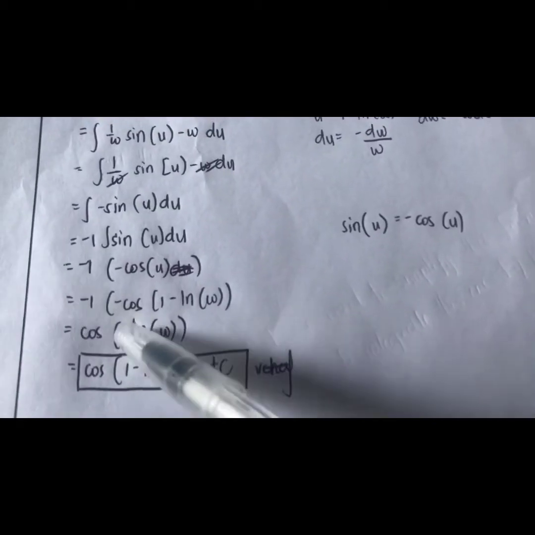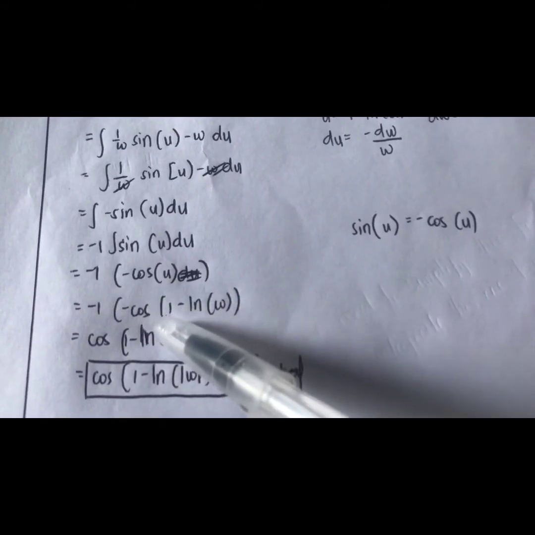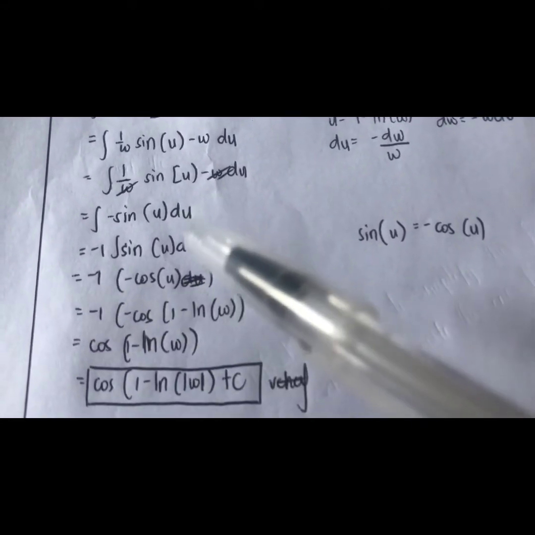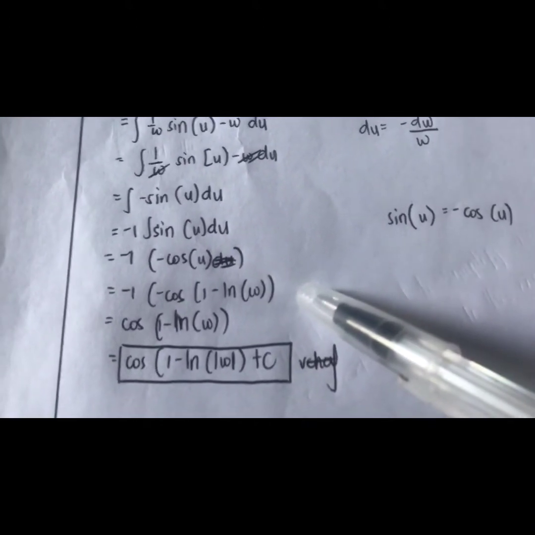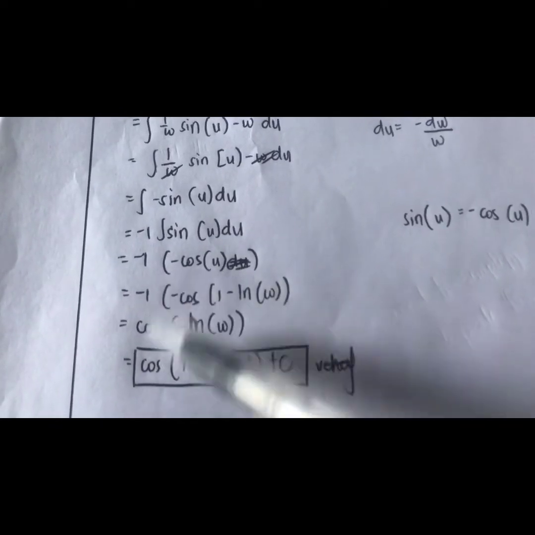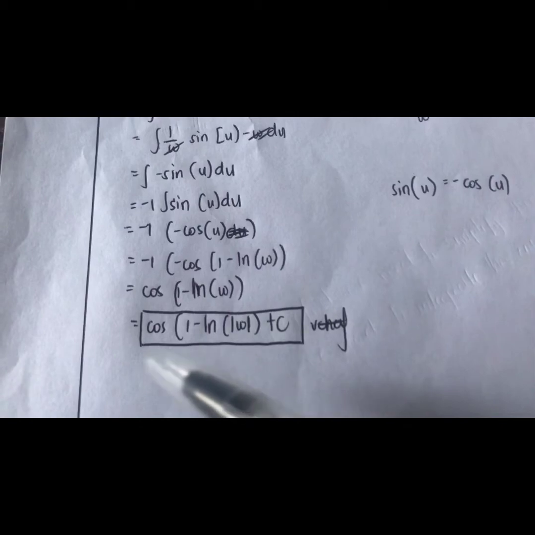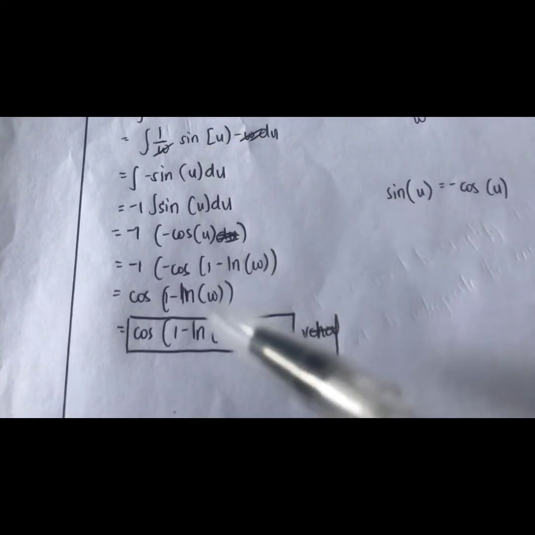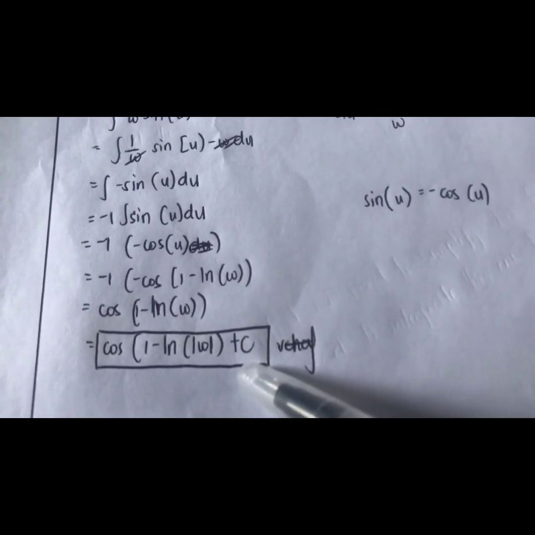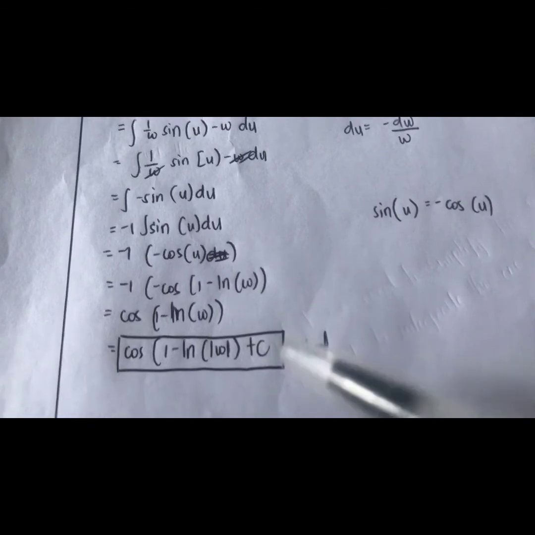We will have negative 1 times negative cos of the quantity 1 minus ln w. Now let's simplify this one so that we will have cos of 1 minus ln w. And for the final answer, we will have cos of 1 minus ln the absolute value of w plus the constant C. And that is the final answer for our final problem.